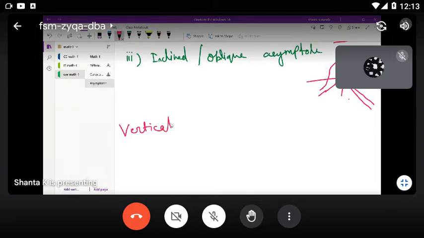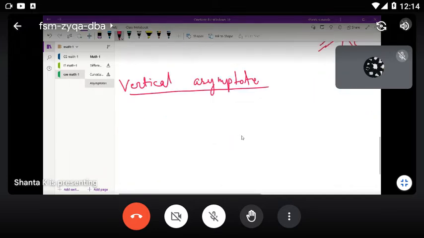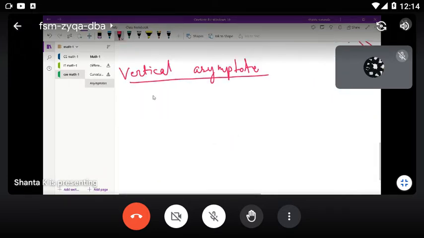If you are given the equations, the asymptote is the straight line where the curve and asymptote meet at infinity. That's what we say, or the distance between the straight line and the curve becomes zero as they go to infinity. So for the vertical asymptote, normally you will have an implicit function, and you can write it in the form y equals f of x, and you can also write it in p of x by q of x form.